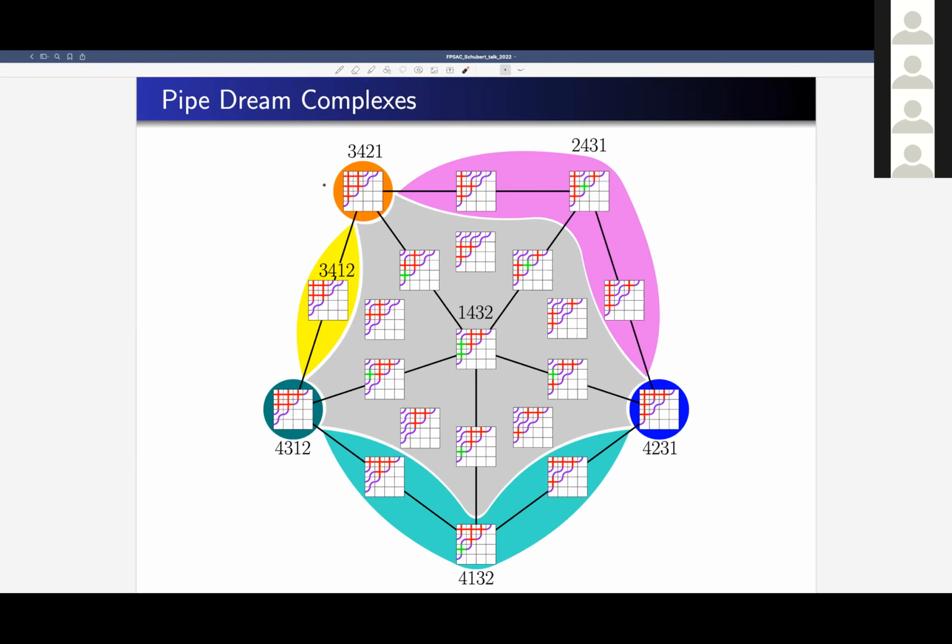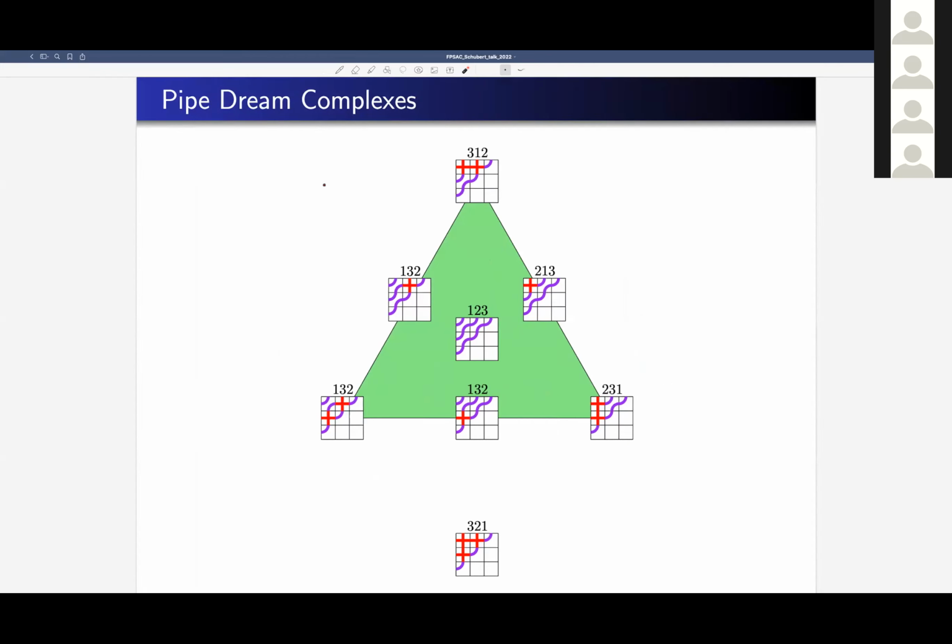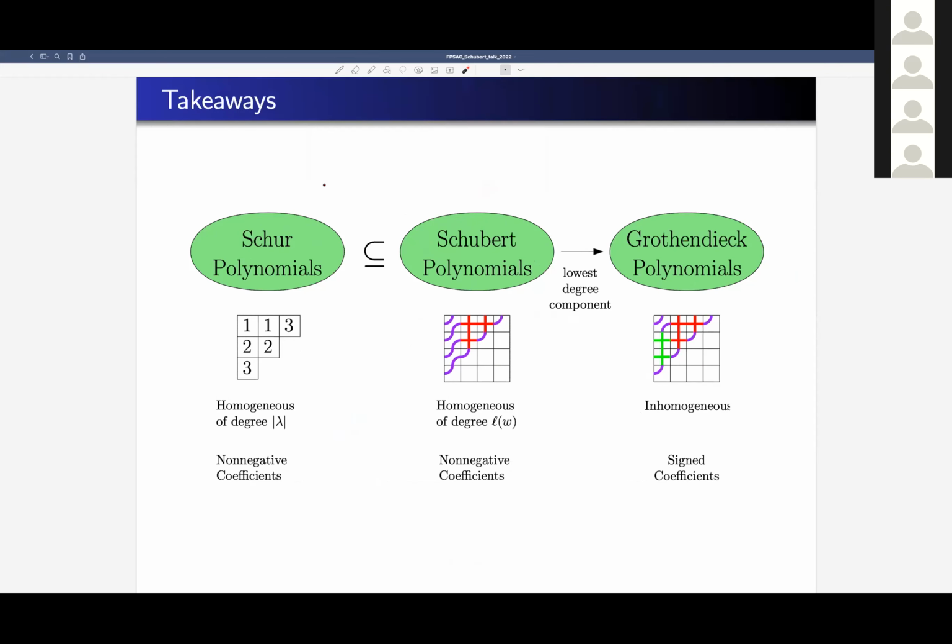And so far we have glimpsed, well, more than glimpsed at Schur polynomials, and defined Schubert polynomials in terms of pipe dreams as well as Grothendieck polynomials. And so we know the degrees here, and Grothendieck polynomials are inhomogeneous.